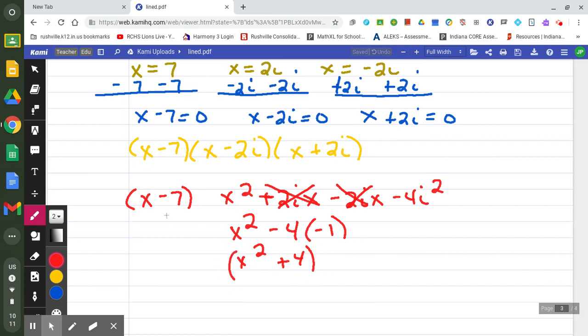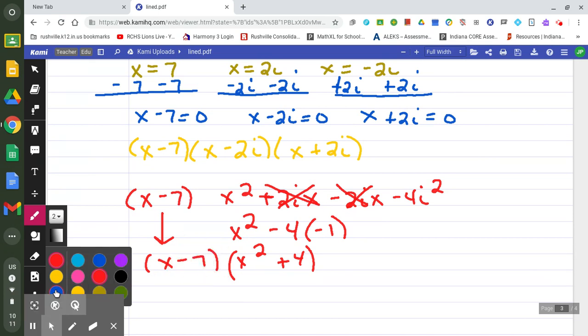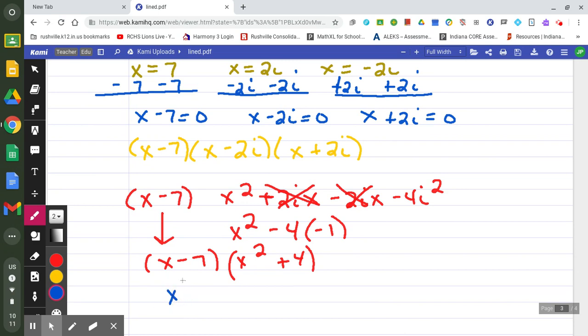And it still has to be multiplied times this x minus 7. So now x times x squared is x to the third. X times 4 is plus 4x. Negative 7 times x squared, negative 7x squared.